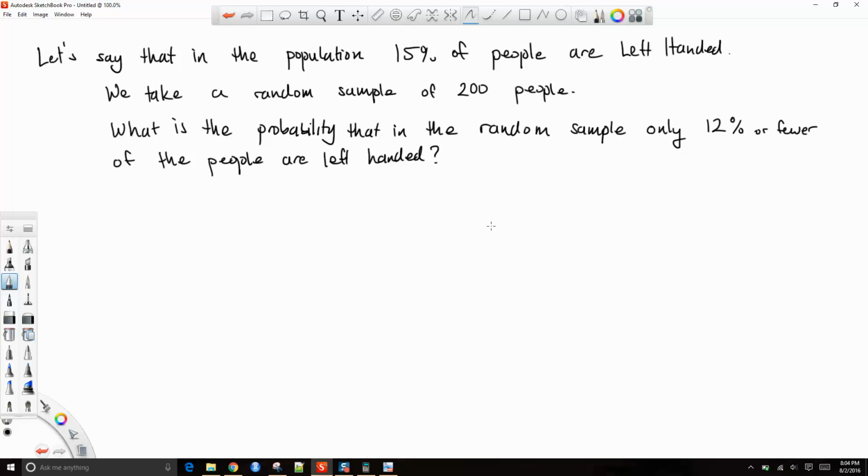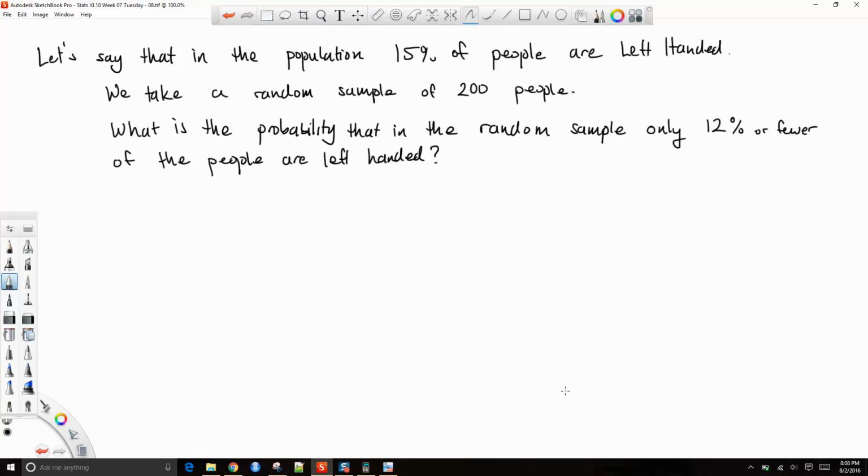It's random, so we would expect something around 15% to be left-handed. What's the probability that your sample ends up being only 12% left-handed, or fewer? Go ahead and take a few minutes to figure this out.